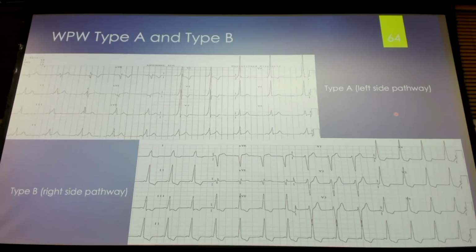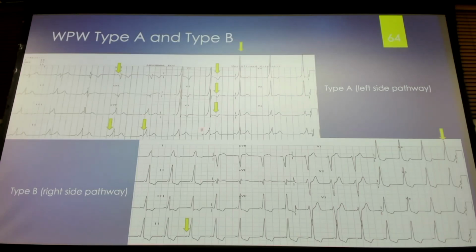So both have a short PR interval. Okay, both are going to have a little bit of a wider QRS complex. We've got a short PR interval, we've got a little bit of a wider QRS complex, in both of these. In our type A, okay, look at this. You've got these really tall R waves in our type A.